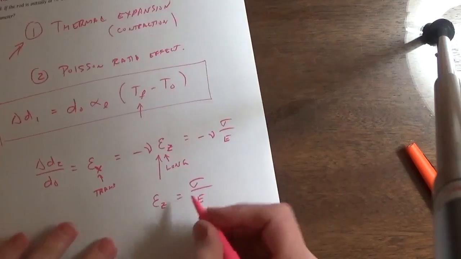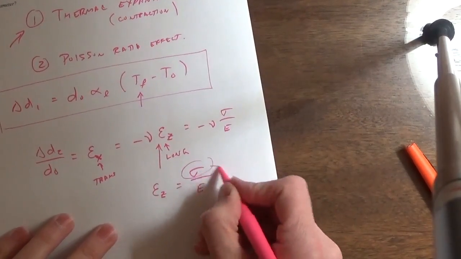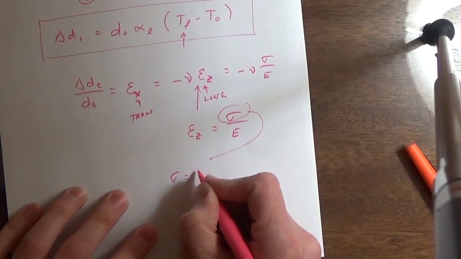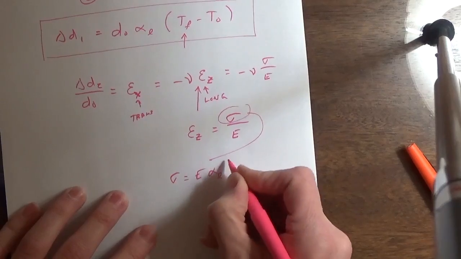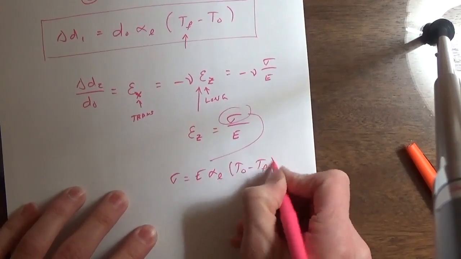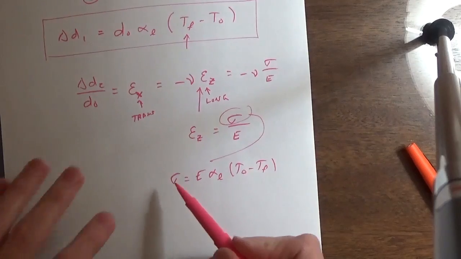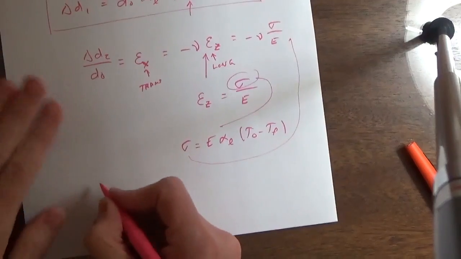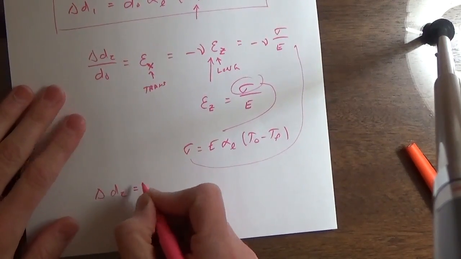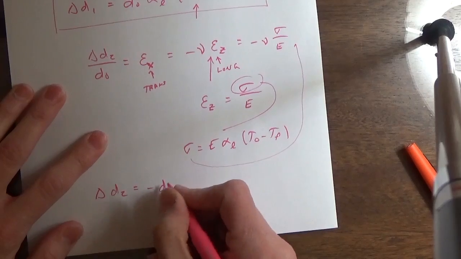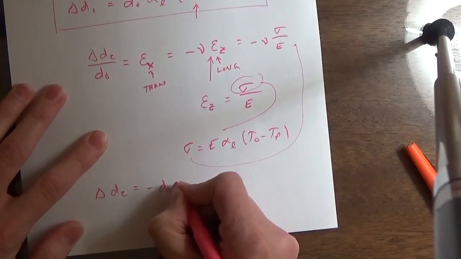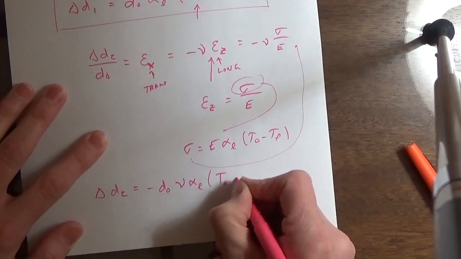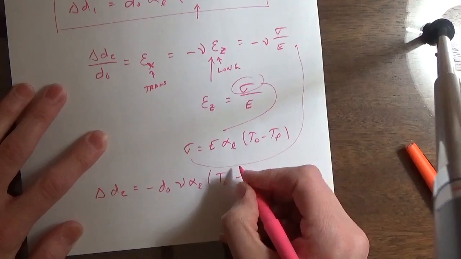And that thermal stress is E alpha L times T0 minus TF. So that means we can put this into there, which gives us delta D2 is equal to minus D0 nu alpha L times T0 minus TF.